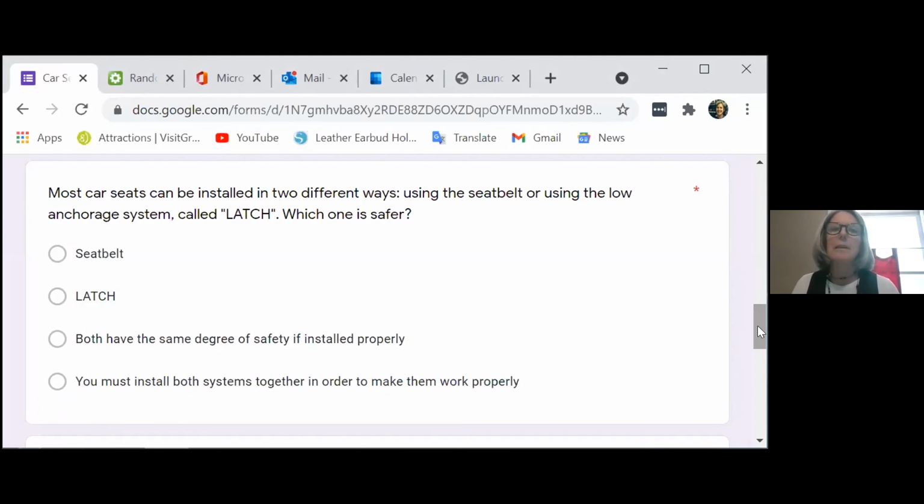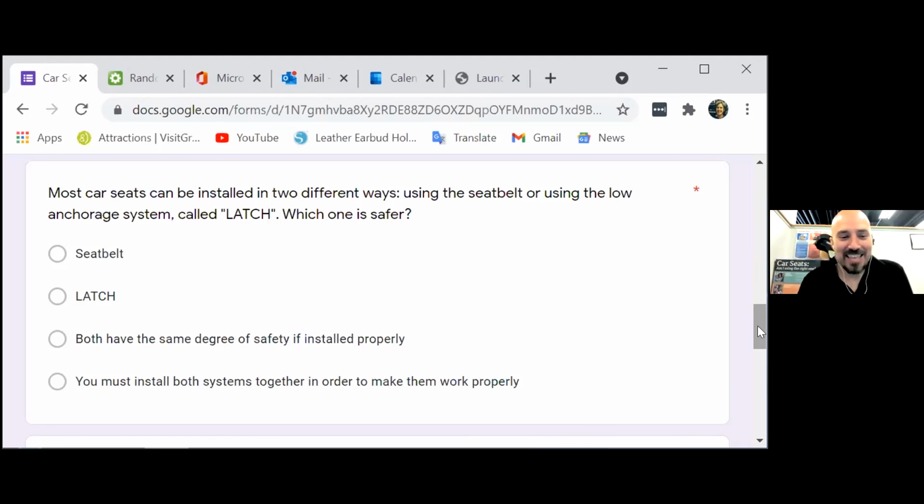Most car seats can be installed in 2 different ways, using the seatbelt or using the lower anchorage system called LATCH. Which one is safer? We had 29 responses, and 17 participants with 100%. Everybody that did not get 100% missed this question. It is tricky.